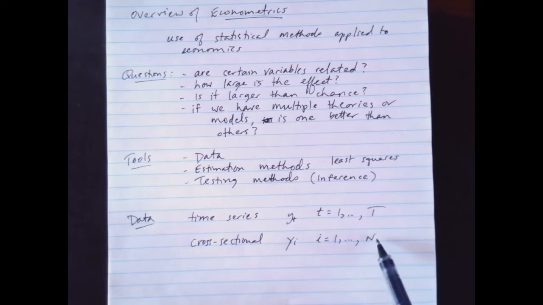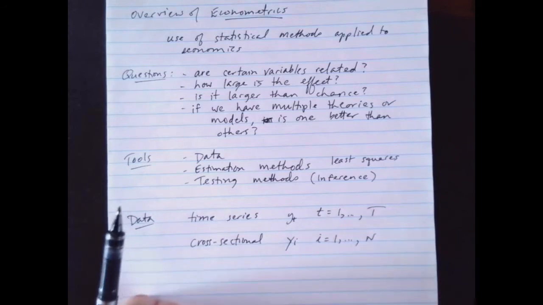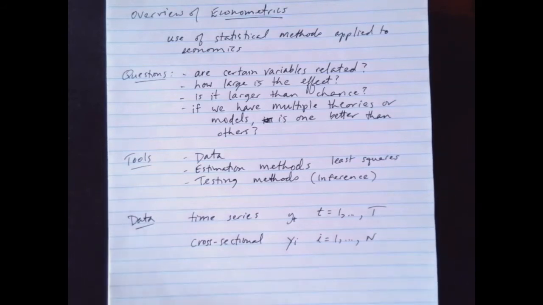So capital N here would be 10, and you've got cross-sectional data in the 10 provinces, and unemployment rate differs, or across 50 states in the United States. But at each point in time, you've got a cross-section of the data.